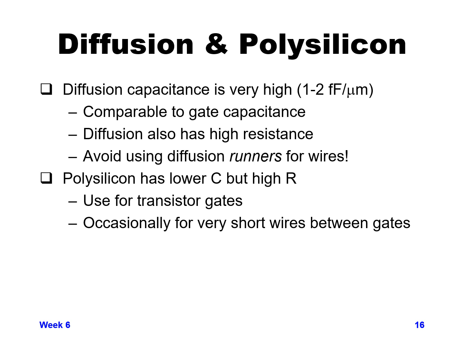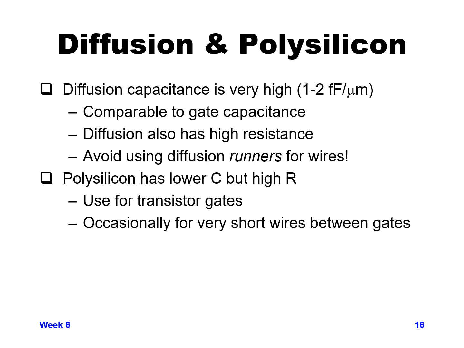For diffusion, your capacitance is actually pretty high because of the reverse bias p-n junctions that you can have there, which can be 1 to 2 femtofarads per micron. So it's comparable to your gate capacitance. And in addition to that, your diffusion also has a high resistance. So you have a high capacitance and a high resistance in diffusion.